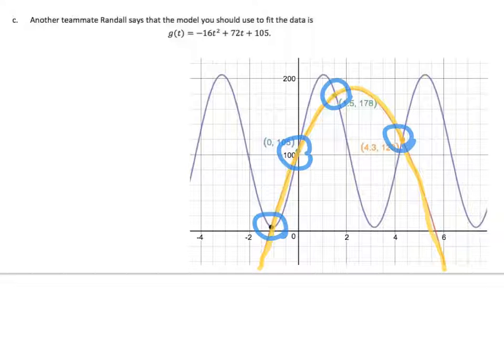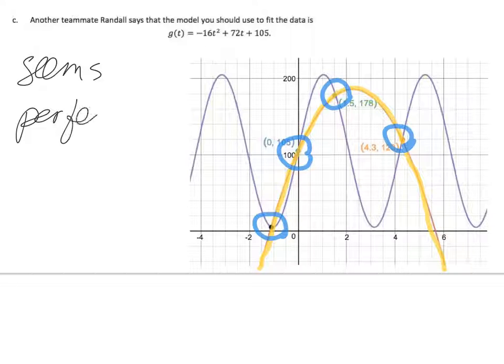I left D out. So how does the graph of Randall's model relate to the 4 points? Is his model a good fit? It seems perfect, again, right? It fits the 4 points really, really well. It seems to model the data just about perfect.